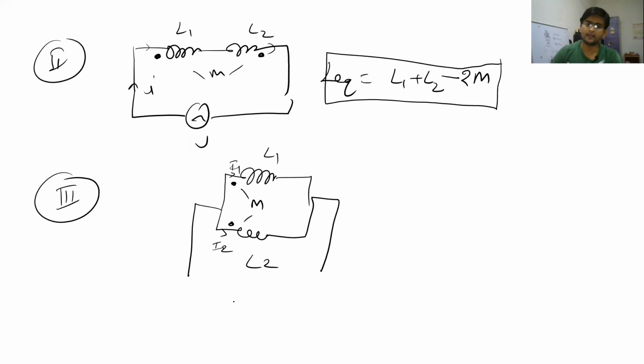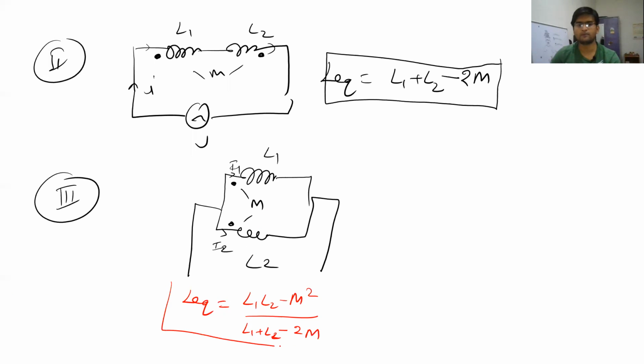Since this is in parallel, the formula you have to learn, you can derive it, but I'm just going to write the formula. The L equivalent will be equal to L1 L2 minus M square divided by L1 plus L2 minus 2M. So this formula you have to remember, although it comes very seldom in any exam.